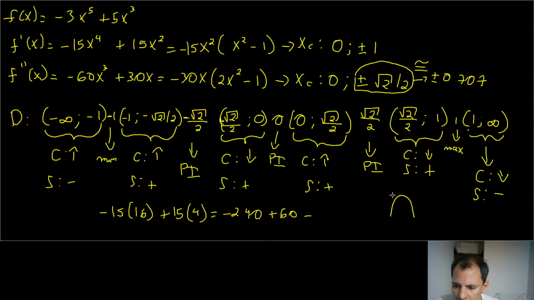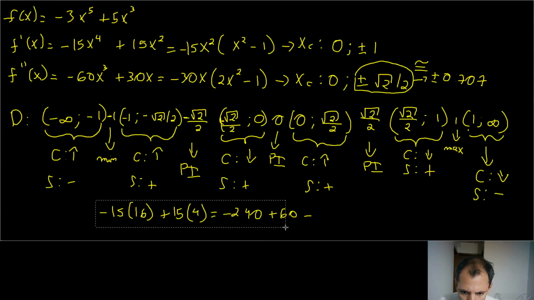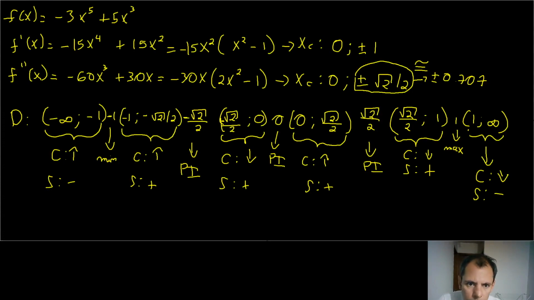Let's see if the concavity is down. Actually, I'm going to try for 1 to see if it's a maximum. If it's a maximum, the second derivative has to be negative. So let's see here. Well, let me think.